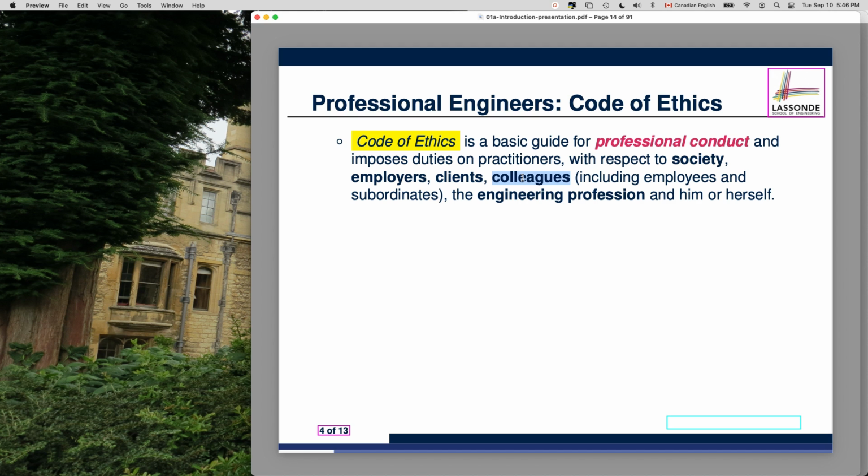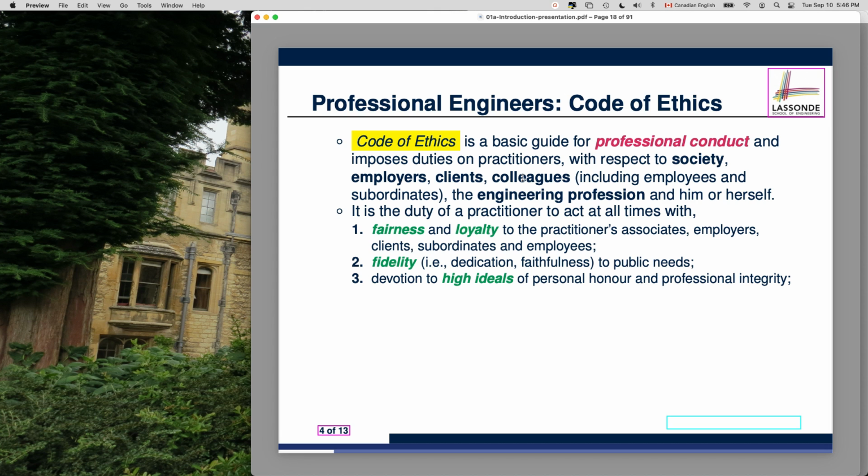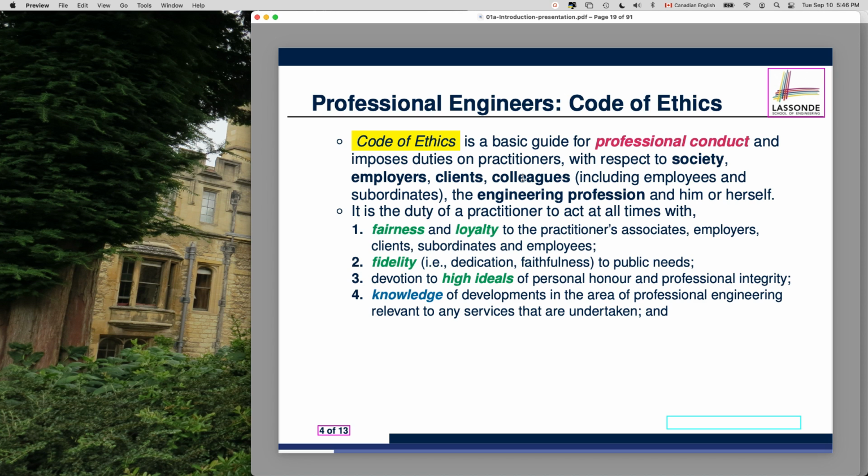I've just mentioned some items here. So you got fairness, loyalty. Makes sense. You also got fidelity, like dedication, faithfulness to those who surround you. And also you gotta devote to high ideals. And the next two items are more relevant. You gotta be knowledgeable about what's the best practice. Well, we are learning that. We are learning formal methods as a good practice to develop and verify systems.